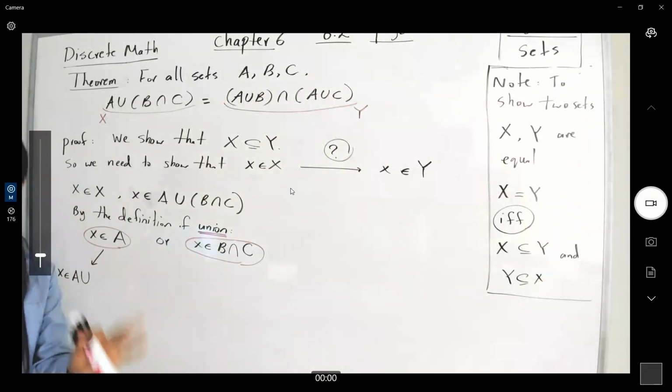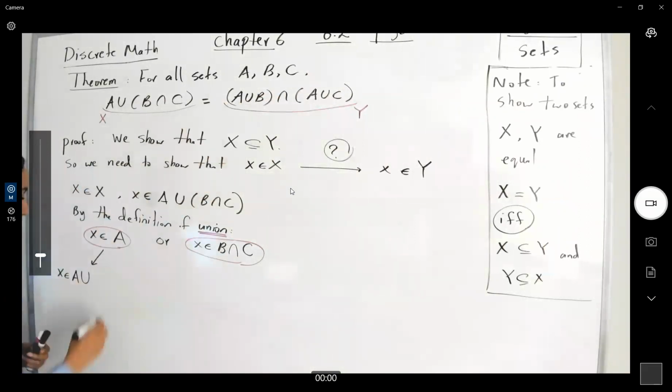It doesn't matter what that set is. That set can be B. It can also be C. So x belongs to A union C.